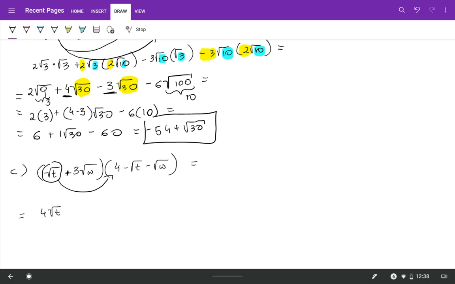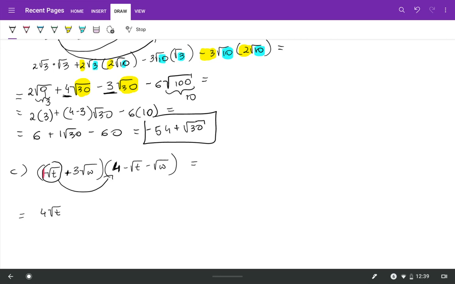So don't forget that you have number multiplied by radical. So 4 is just the whole number, doesn't have radical. So you just multiply the coefficient. And in front of square root of t, of course, you have 1. So you multiply the coefficients together, the same rule, 4 times 1, it's 4, radical of t.